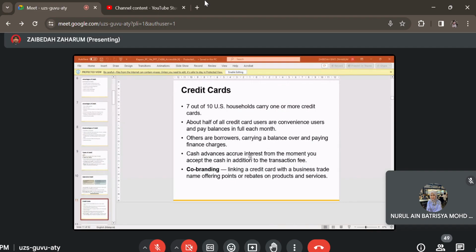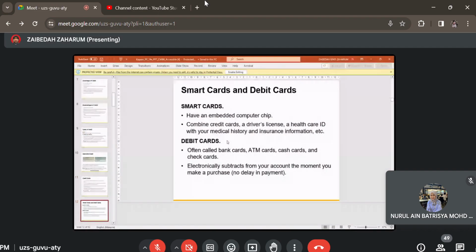Dalam credit card jadi ada juga co-branding. Maknanya contoh dia menggunakan brand-brand untuk use the credit card tadi, dia ada link dengan credit card tadi lah. So satu tadi tu kita kata credit card.